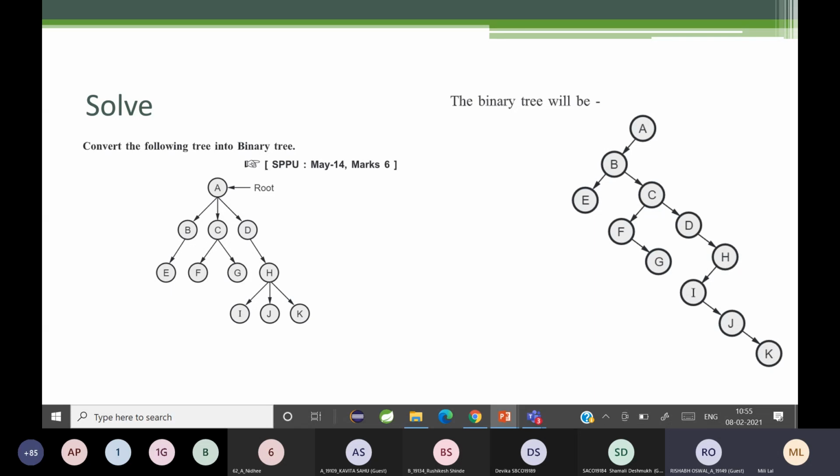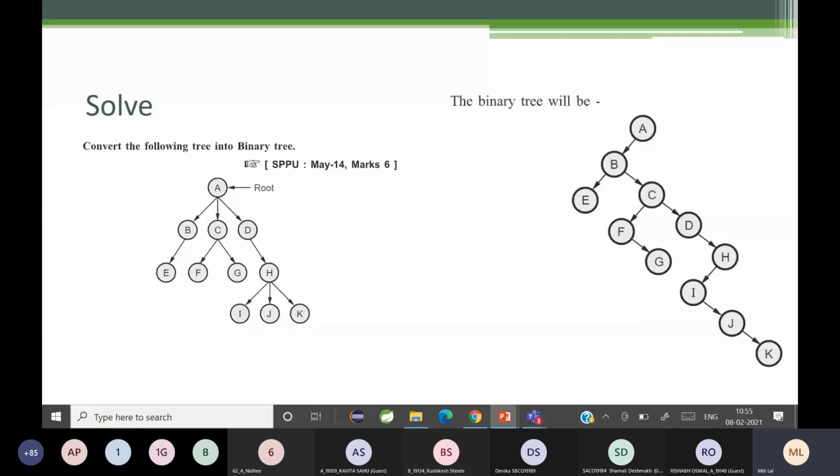Now, here they have taken D's right child as H, right? As per the rule, D's right sibling should be the right child. So H, I, J, K, this I have to confirm, because as per the rule, D doesn't have a right sibling.